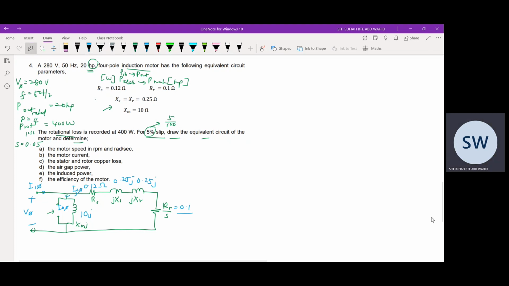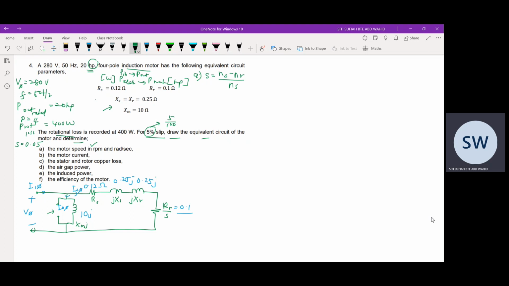We'll start with A. The motor speed in RPM and radian per second, so NR. We'll start with this formula: slip equals NS minus NR over NS.